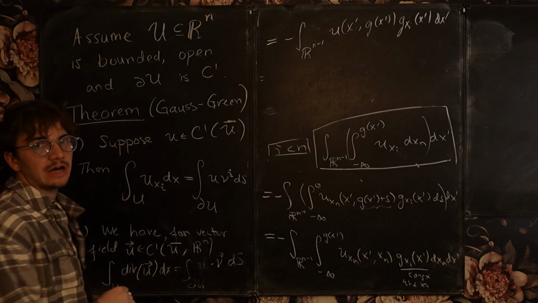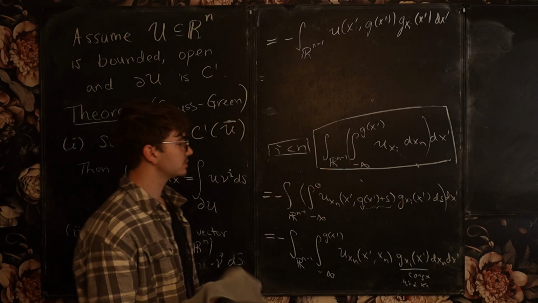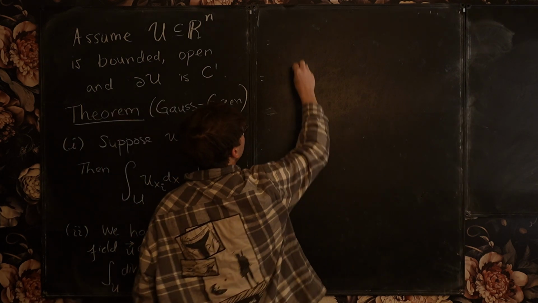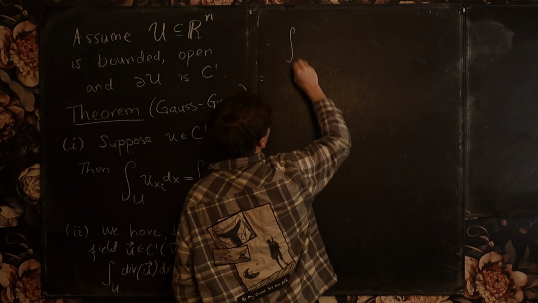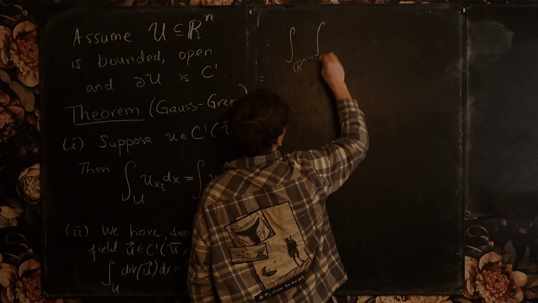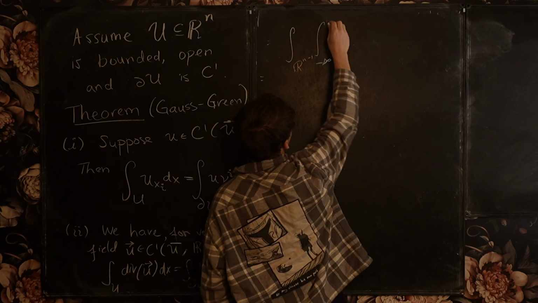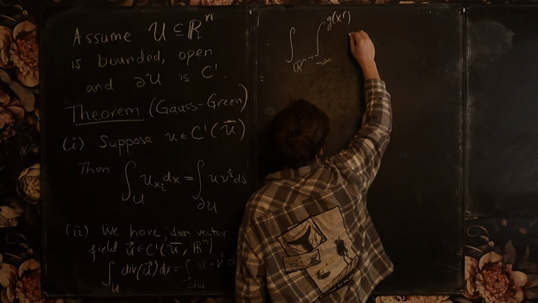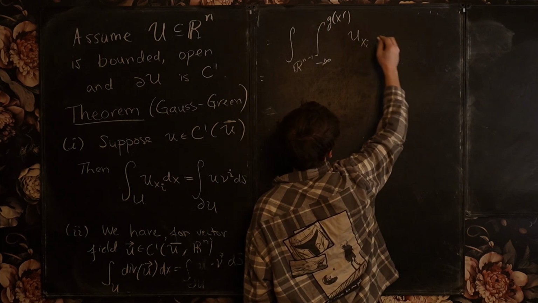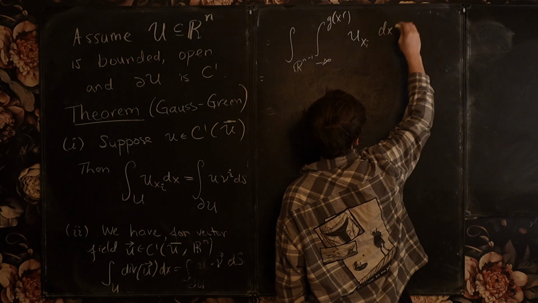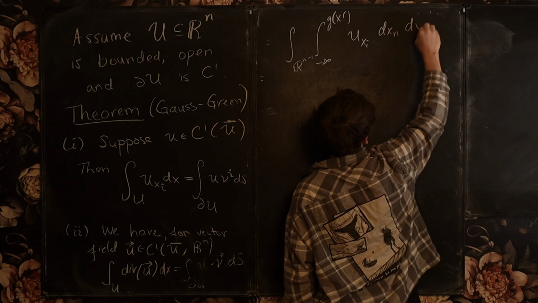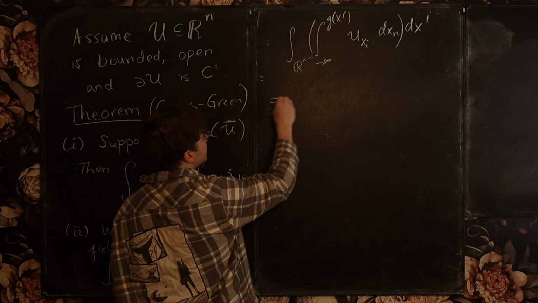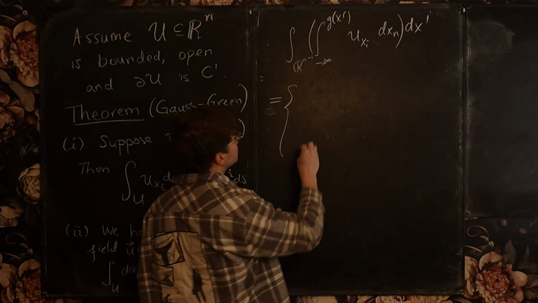Okay, now we've made some significant progress. We're approaching our end goal here. We've just shown two things. First of all, the integral over Rn minus 1 of the integral from negative infinity to g of x prime of u_xi dxn dx prime is equal to two different cases.